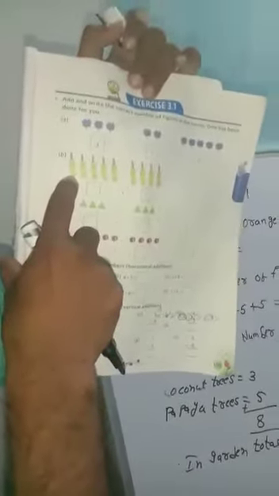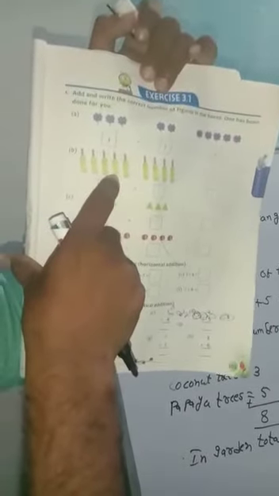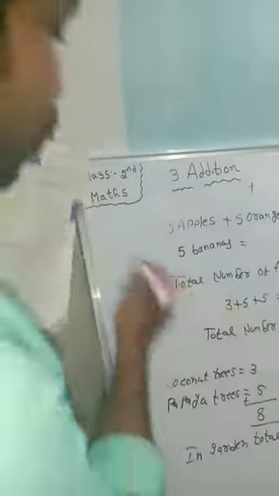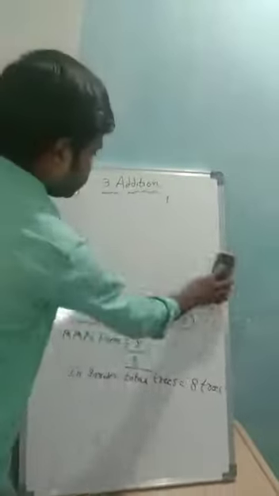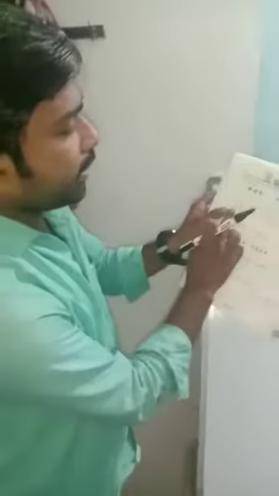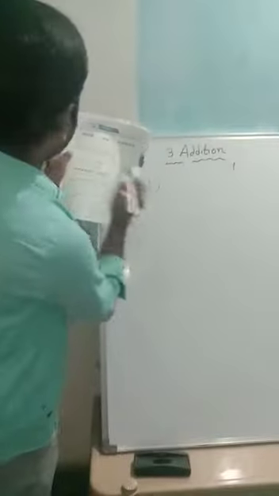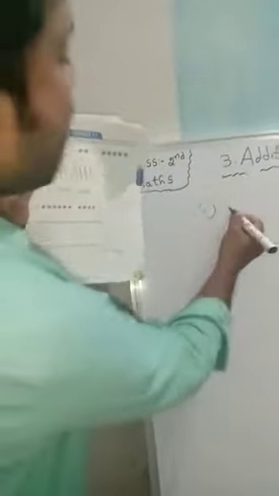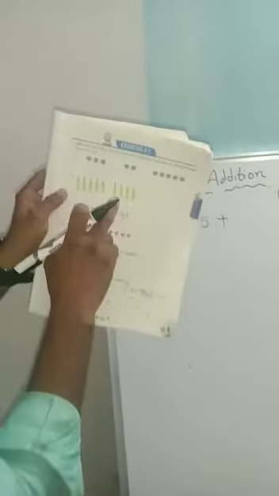Now next, look at the book, all of you. Here bats: 1 bat, 2, 3, 4, 5. Total bats 5 only. Second, here total bats: 1, 2, 3, 4, 5. 5 bats are there. Plus here remaining 1, 2, 3, 4.